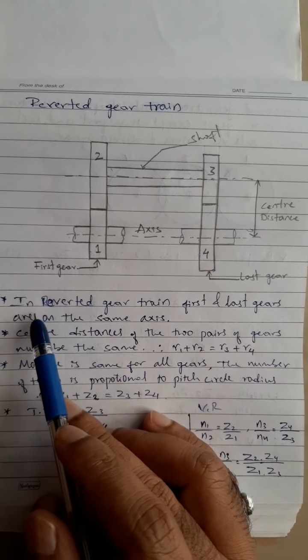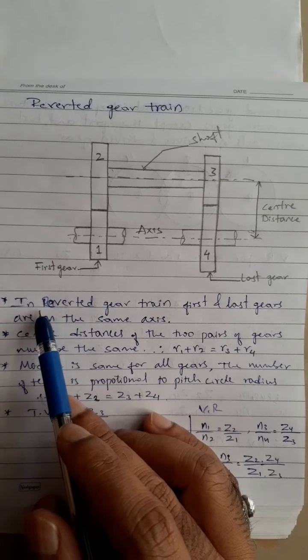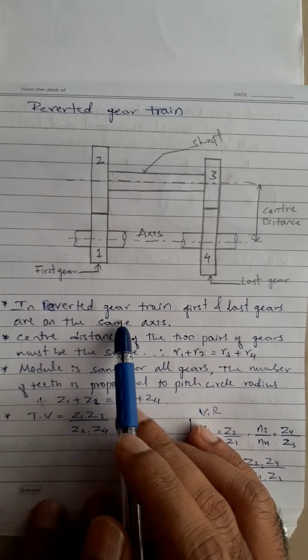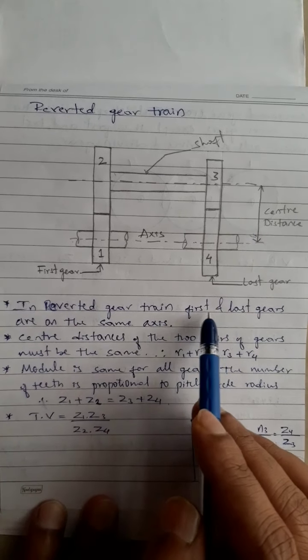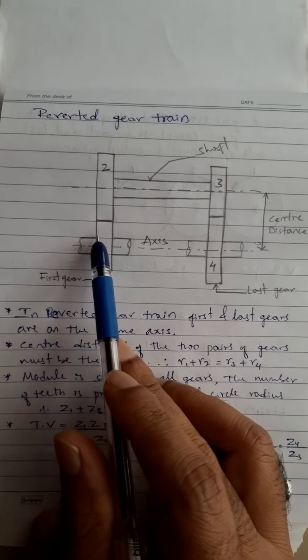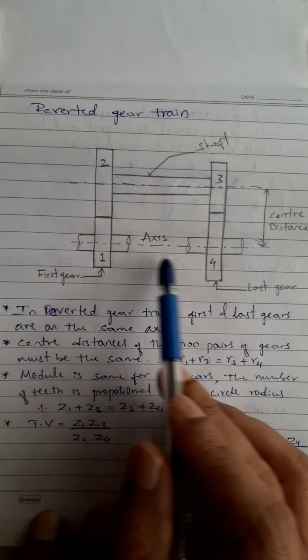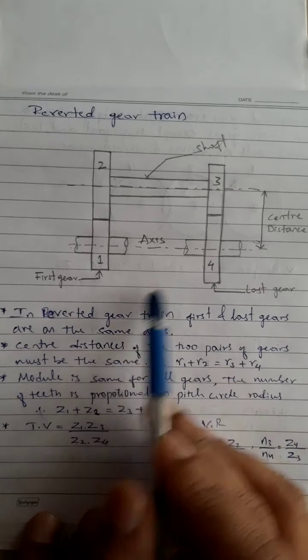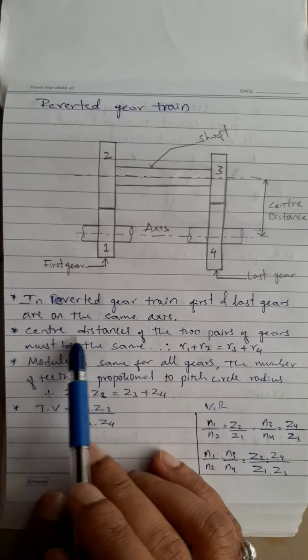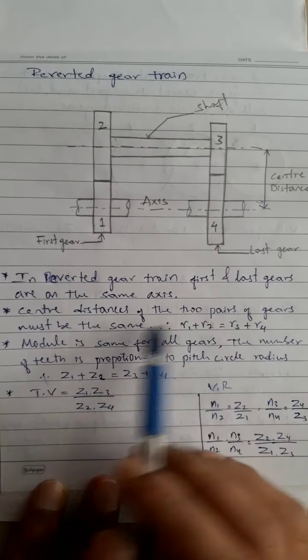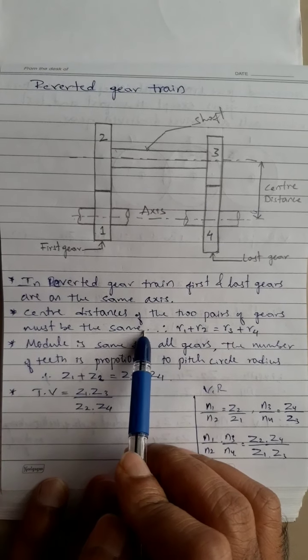So let us see the first point about the reverted gear train. In this gear train arrangement, first and last gears are on the same axis. So as I explained, the first gear and the last gear are on the same axis. Next, center distance of the two pairs of gears must be same.